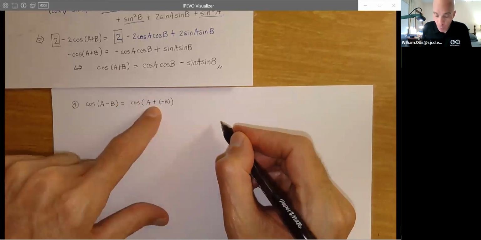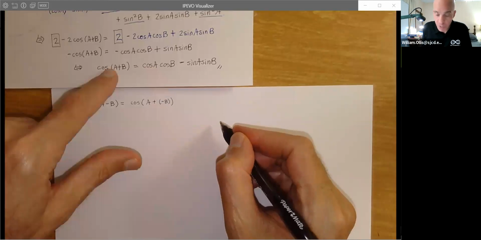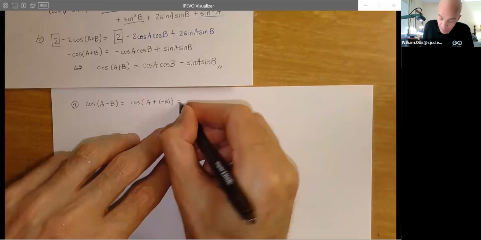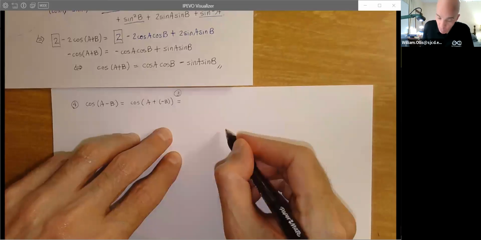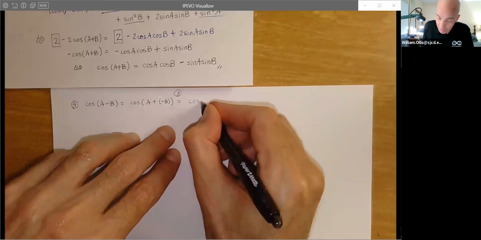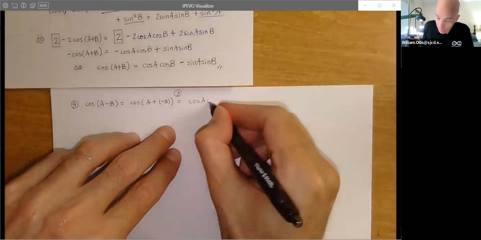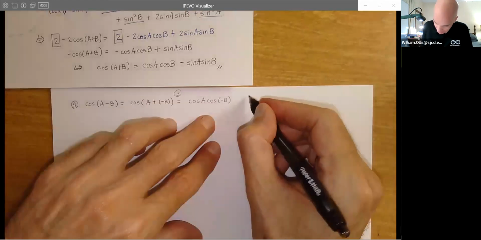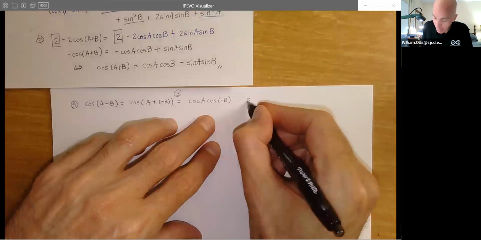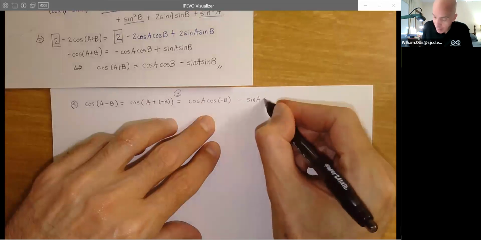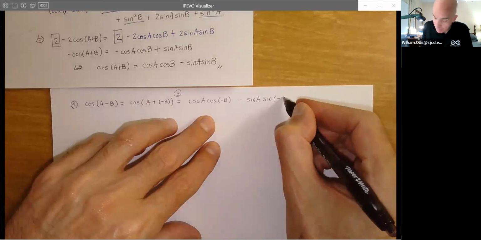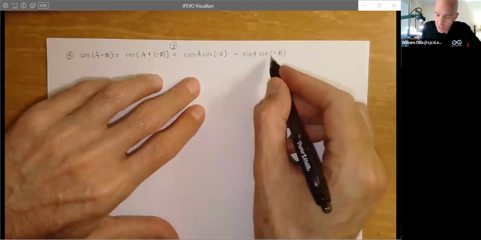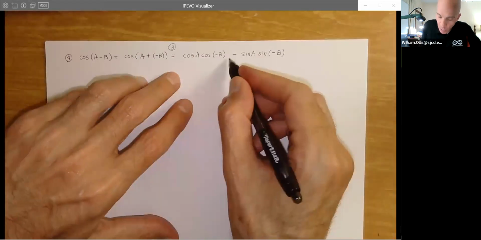So this fits the form of 3, so now we can use the right-hand side. By 3, we have cosine A, where A is still A, and cosine of the additive inverse of B, minus sine of A, and then sine of the additive inverse of B. Now when you look at this, you're thinking, this is what we did on the unit circle.